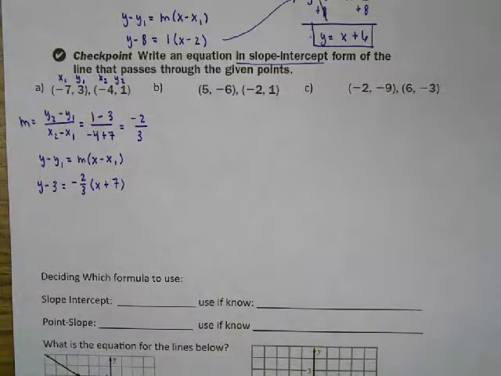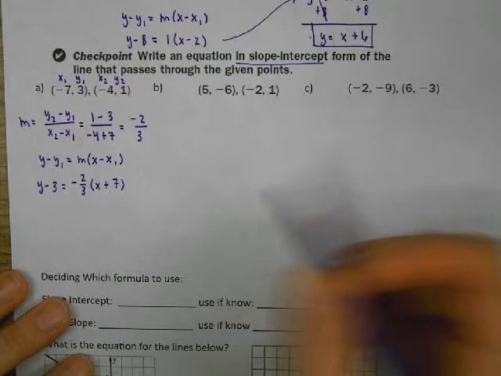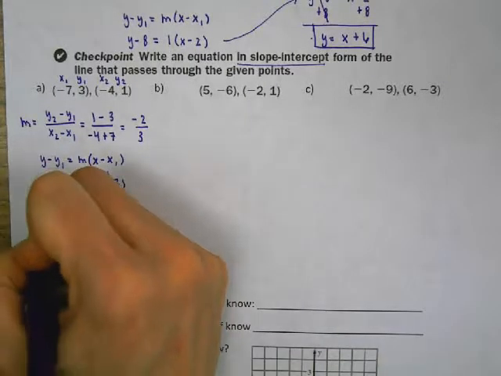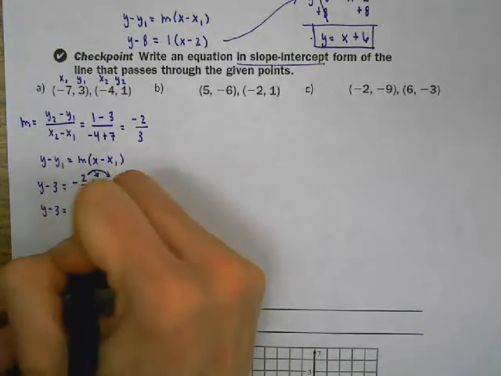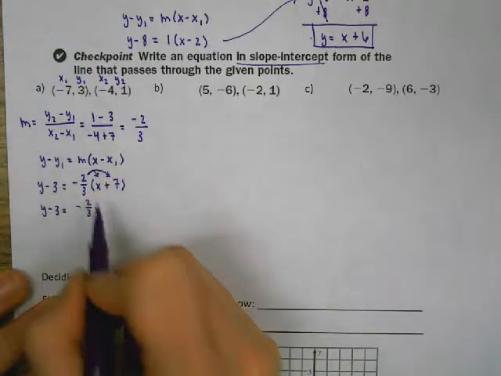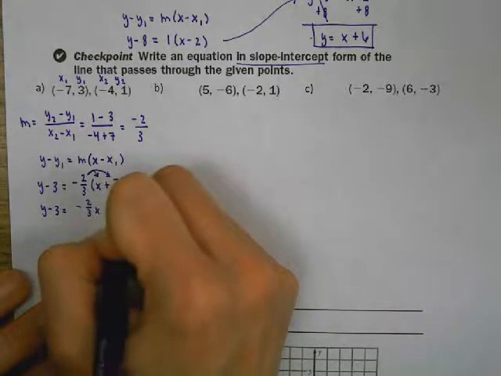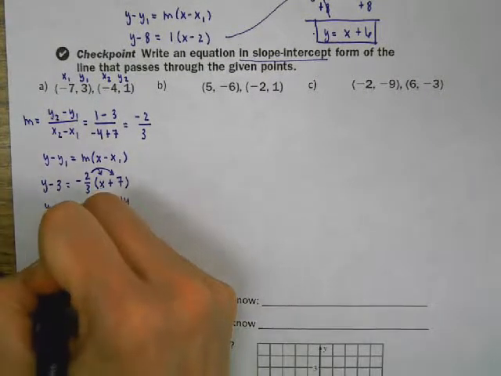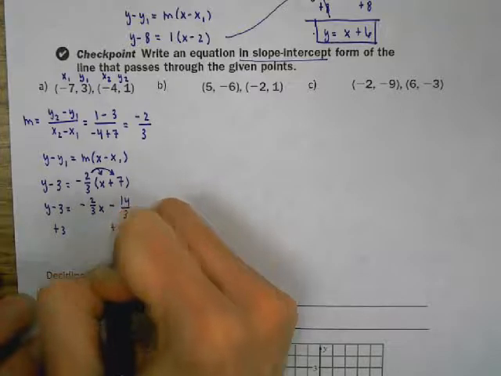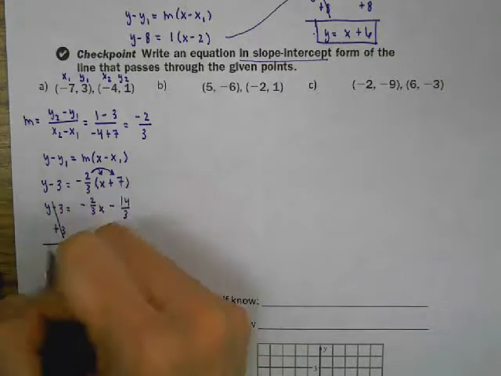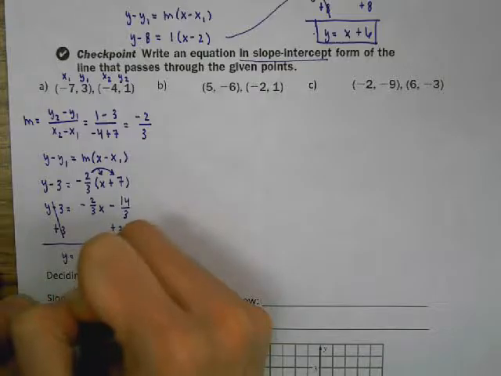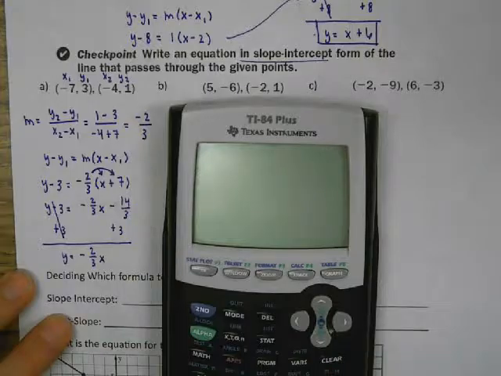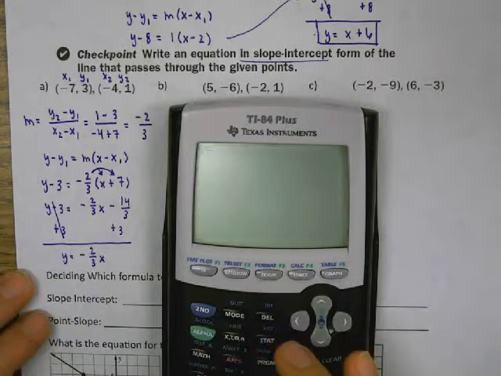Now we just need to do some rearranging to get it into slope-intercept form. Again, I'm going to distribute to get rid of my parentheses. So I have y minus 3 equals negative 2/3 x, and then this is going to give me minus 14/3. The last thing I need to do is add 3 to both sides, and I get y equals negative 2/3 x, and I'm going to use my calculator to help me out here.